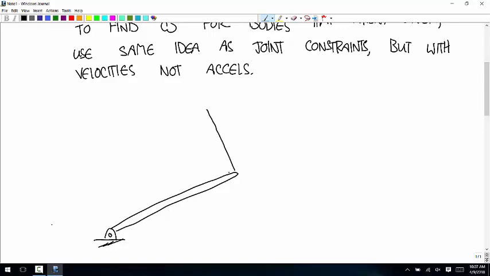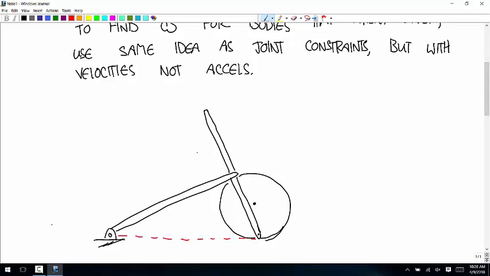There's a member that is supposed to be perpendicular to the first one, and that's connected to a disk. We're going to assume that these are the same height.